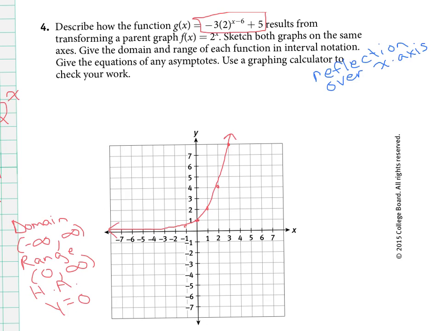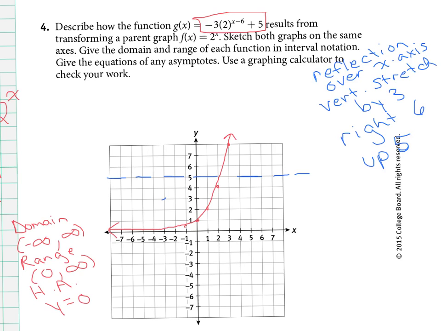The 3 is a vertical stretch by 3. X minus 6 means I'm going to move right 6. And the plus 5 means we're going to move up 5. So I'm going to go ahead and put in that horizontal asymptote at 5 because I know it got shifted up 5 as well.